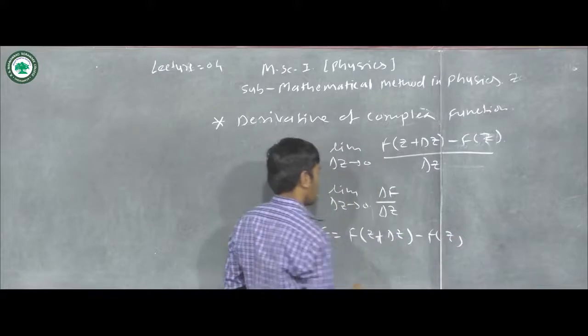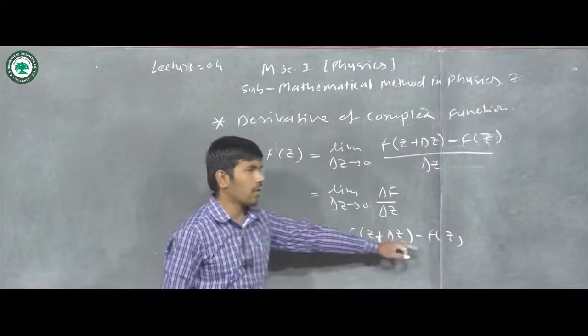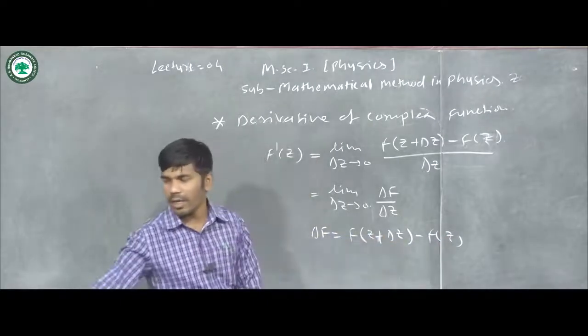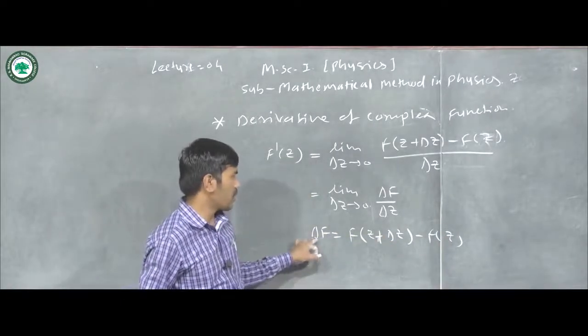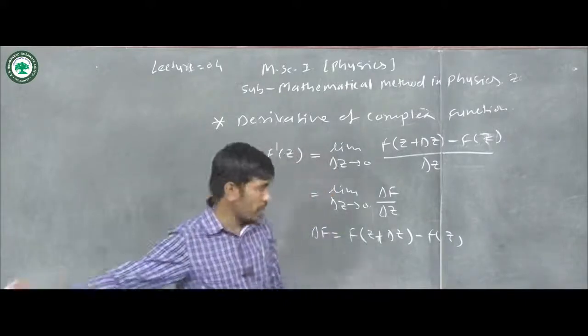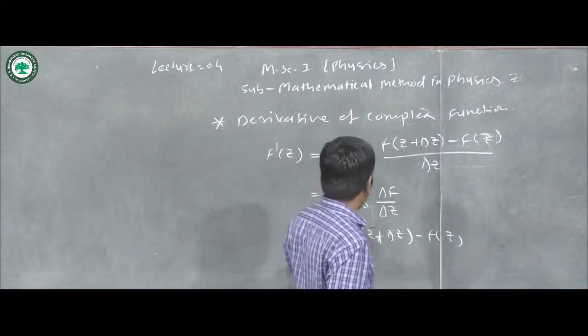So this is the difference between the original function and the function after changing z. Okay, so I can write it like this.